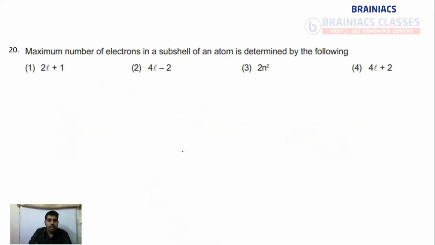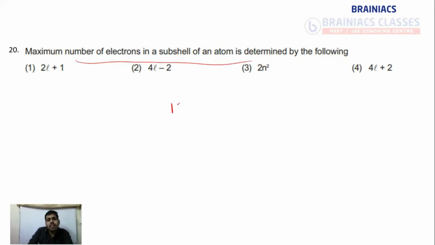Now, question number 20. The maximum number of electrons in a subshell of an atom is determined by the following. So we have to find the equation to calculate the maximum number of electrons in a subshell. Now it is very easy.